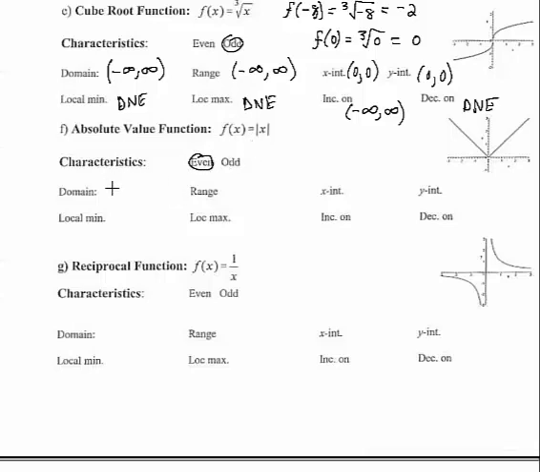Okay, what about the domain? Well, the absolute value function is just simply going to take a positive number and map it to its identical positive version. So for instance, absolute value of 2 just simply gives me the 2 back.